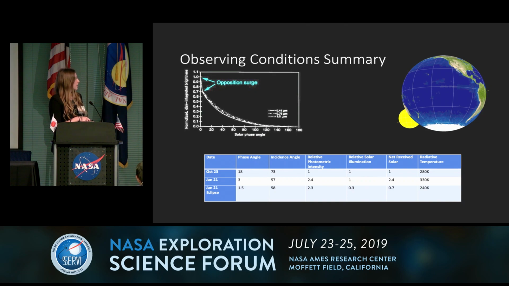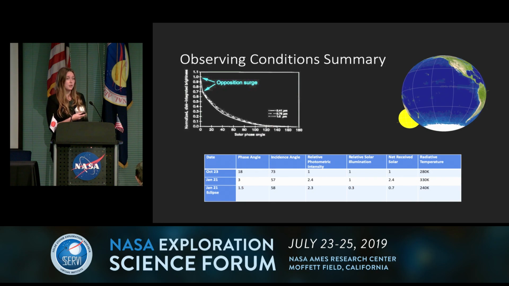And it's at a radiative temperature of 280 K. So then at our low phase angle observation, which is at 3 degrees, we're getting about 2.5 times the reflected light that we were getting at that other angle. And so then we're getting net about 2.5 times the reflected component. And that's at a radiative temperature of 330 K.